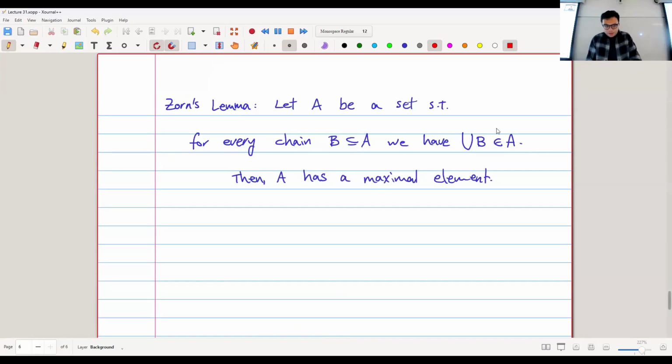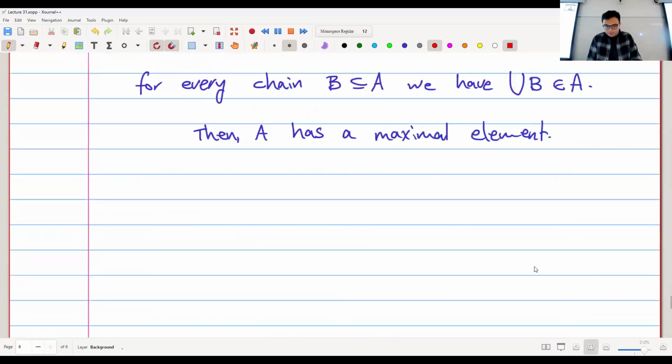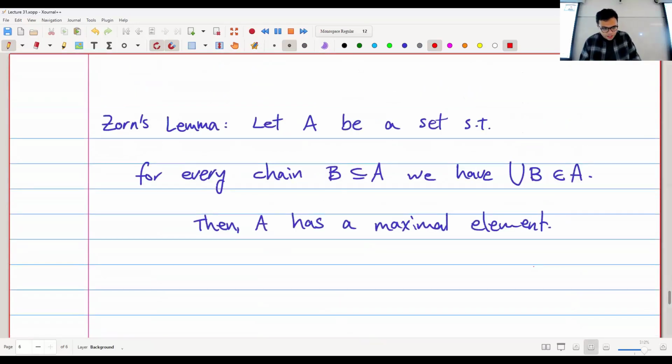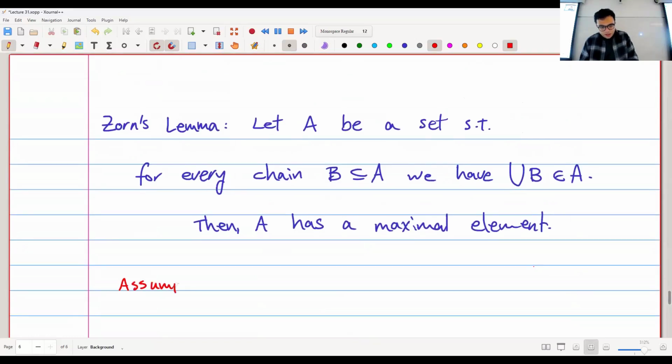I want to show that assuming Zorn's lemma, we can compare any two sets. Assuming this lemma for any two sets, well, I'm already using A and B there.